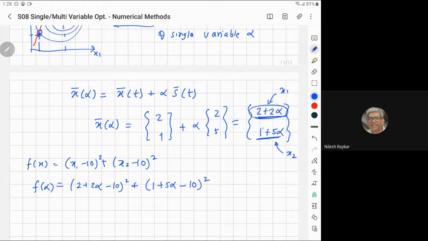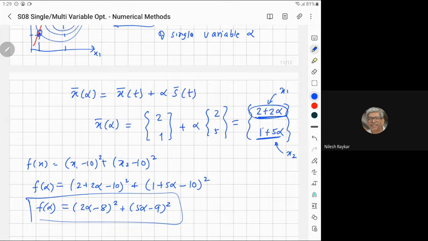Okay, so once we do this, this will become (2 alpha minus 8) the whole squared plus (5 alpha minus 9) the whole squared. Once we achieve this, the further part is exactly the same as what we did earlier. In this illustrative problem, I will first bracket the minima, that is, find the values of alpha 1 and alpha 2 between which the minima lies, by using exhaustive search, and then I will use the golden section method to calculate the minima within that subset.